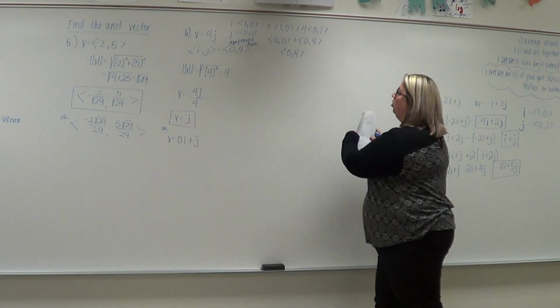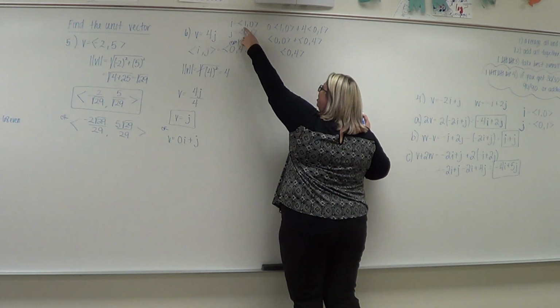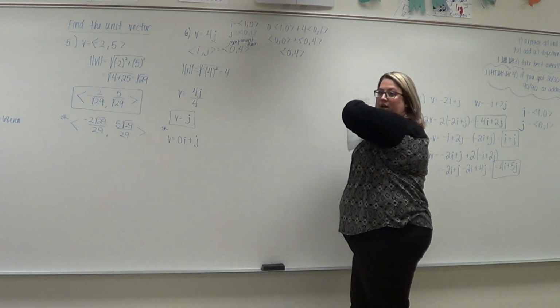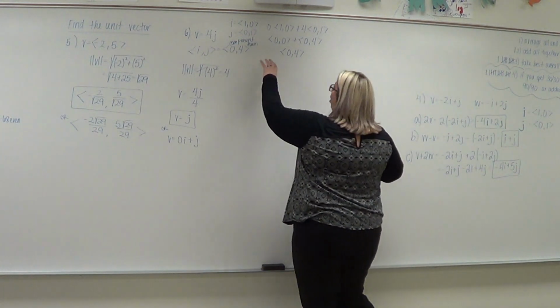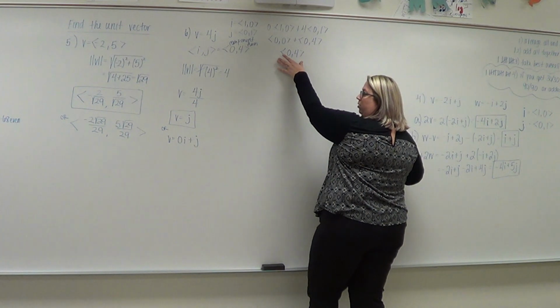Okay, because these are ones and zeros, essentially your first number is your i, and the second number is your j. Just a different way of writing it. But this is how they go from linear combination form to component form.